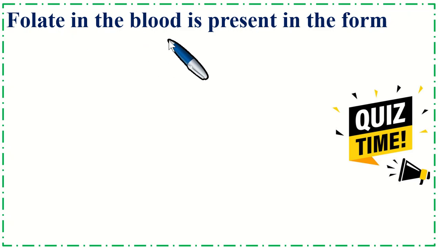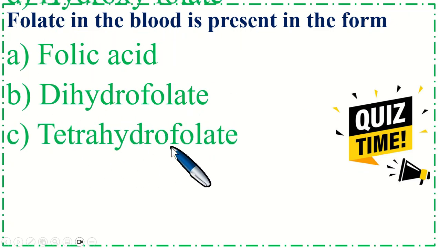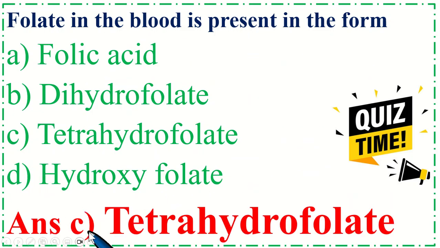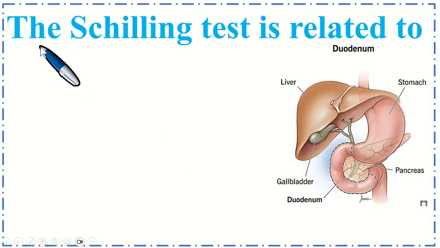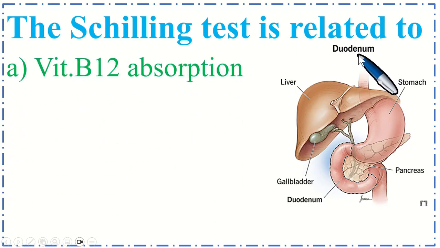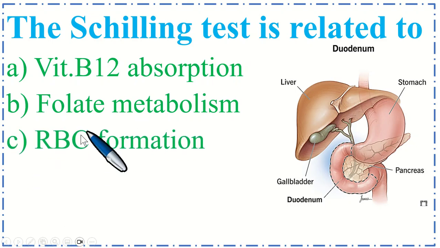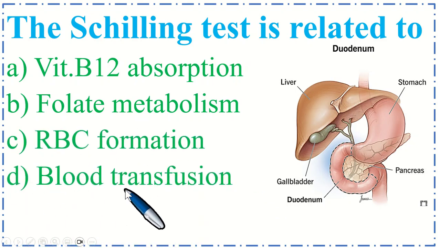Folate in the blood is present in the form of option A folic acid, B dihydrofolate, C tetrahydrofolate, option D hydroxyfolate. So the correct option is C tetrahydrofolate. The Schilling test is related to option A vitamin B12 absorption, B folate metabolism, C RBC formation, and option D blood transfusion.